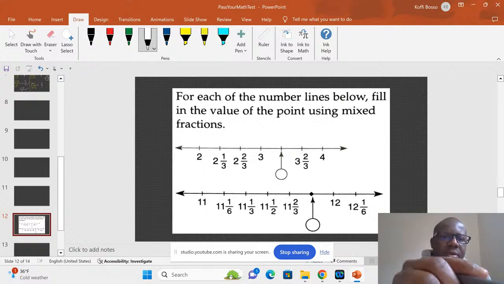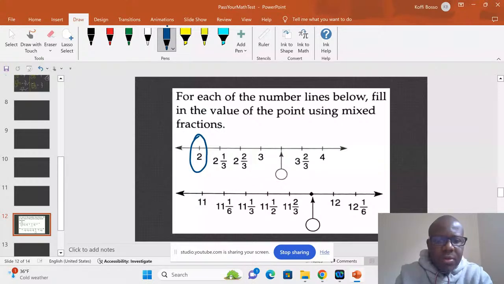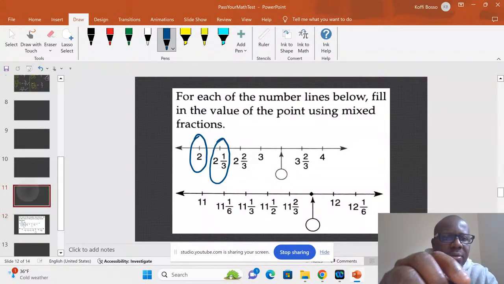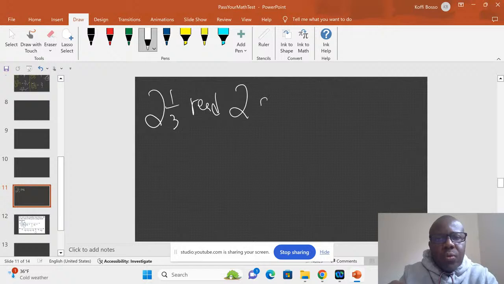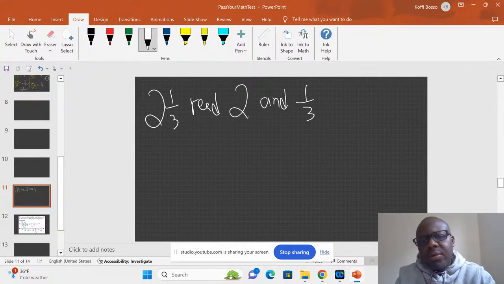So if we check this one by one, first of all, we have a 2. After that, we have a 2 and 1/3. Let's write it down. We read 2 and 1/3.